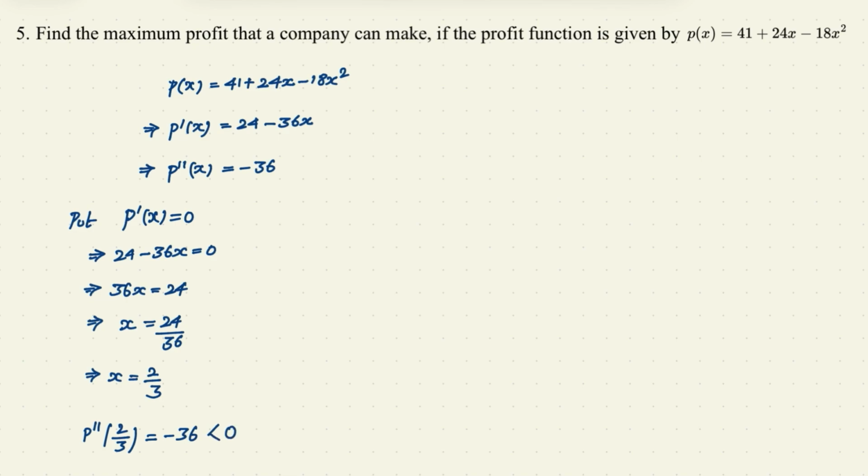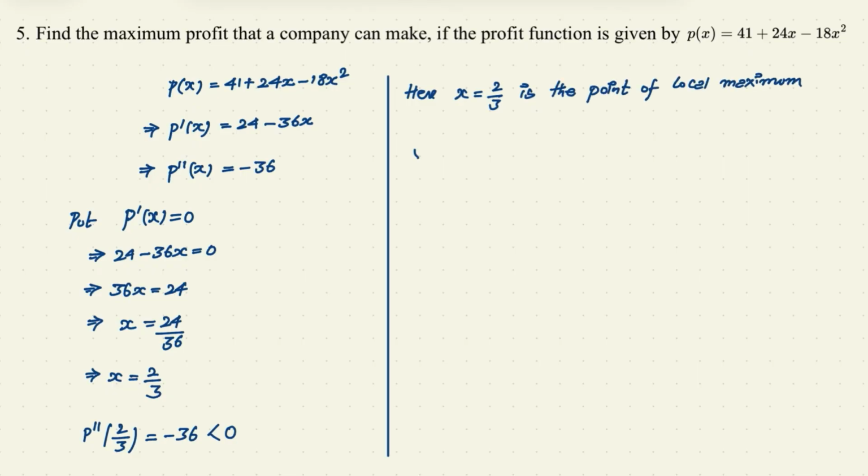So therefore this 2/3 is the point of local maximum. It is confirmed, and the maximum value is p(2/3). So here x = 2/3 is the point of local maximum, and the maximum profit is equal to p(2/3).